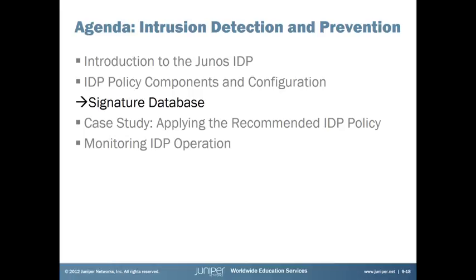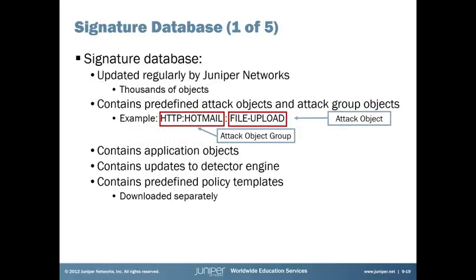Okay, let's talk about the signature database. The signature database is maintained by Juniper. It's located on their website. It contains thousands of signatures of different types of attacks. Here's an example: HTTP, Hotmail, file upload, attack object.